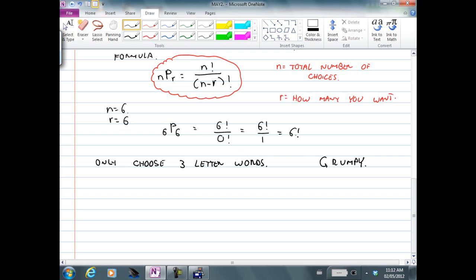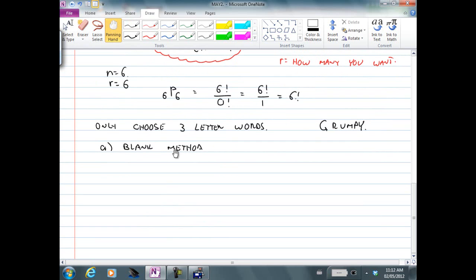I'm going to ask you to do 2 methods. A, you're going to do the blank method. Because sometimes you got to go back and forth between the 2 methods. The formula method will not always work. The blank method will not always work. You got to learn how to switch back and forth. B, use the nPr formula.